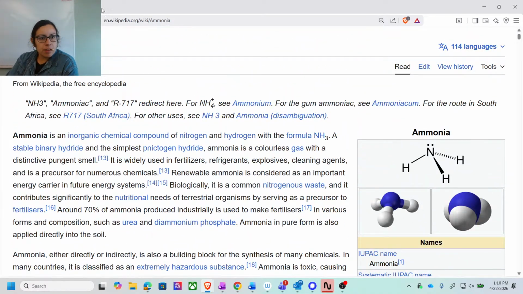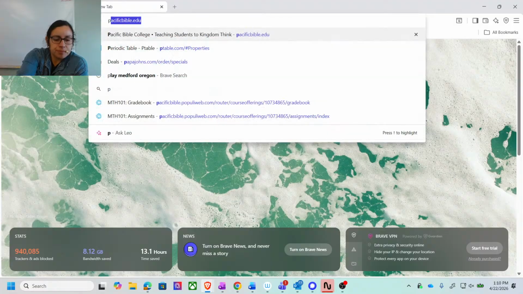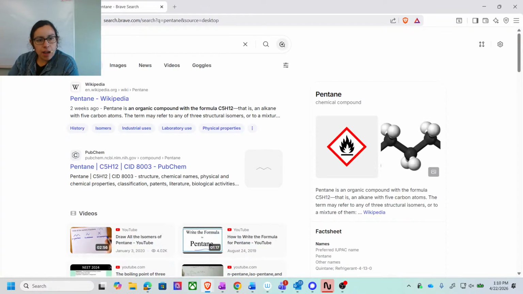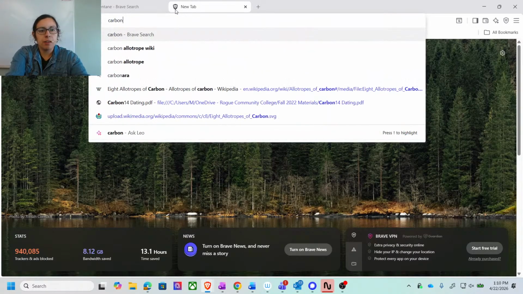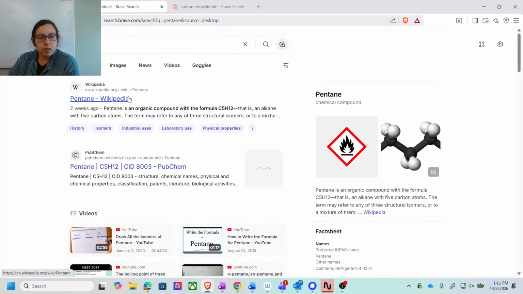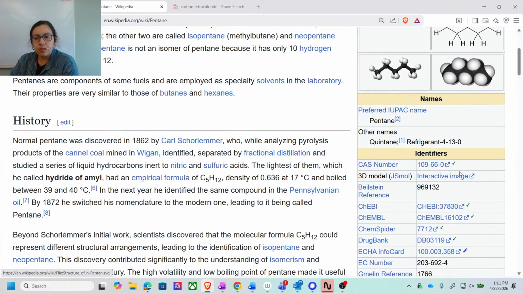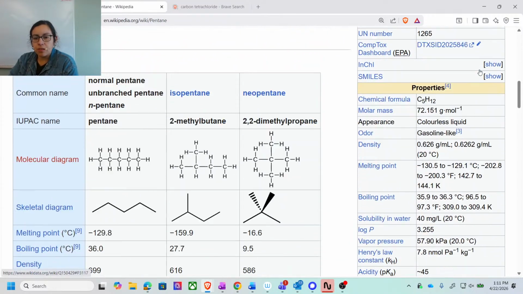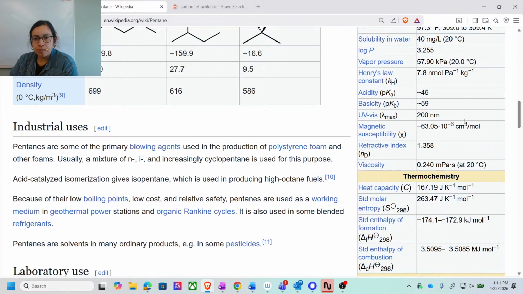Let's look at a few other compounds. Let's pull up something nonpolar like pentane, or we could look up carbon tetrachloride, and again, just put context to these values. Pentane is a pretty nonpolar molecule, so let's double check the dipole moment.